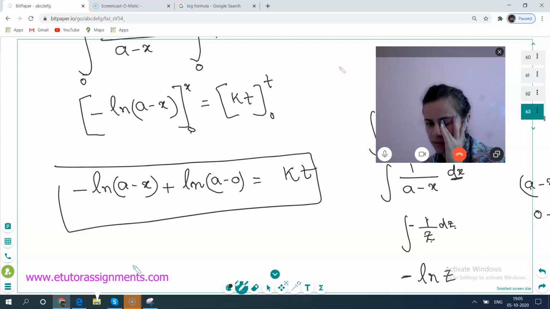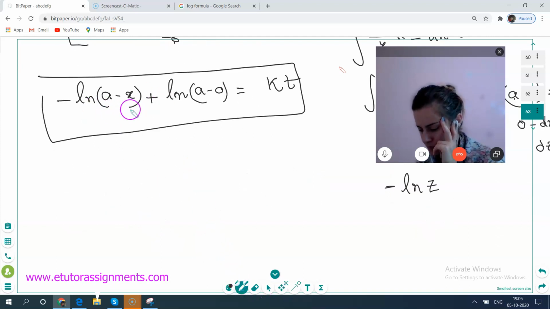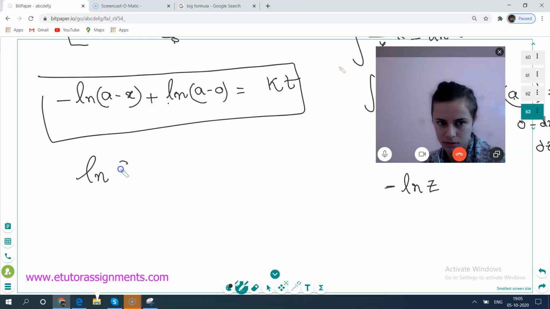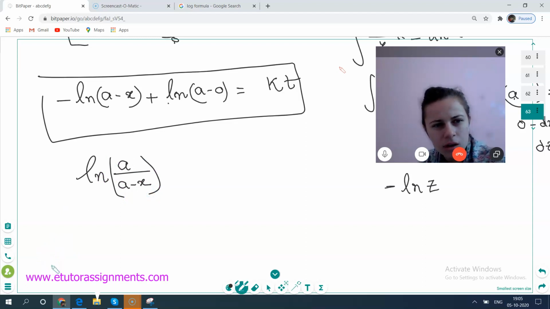We are interested in t. So see here, ln a minus ln (a minus x) is equal to kt. Okay? Now you tell me what I will do.